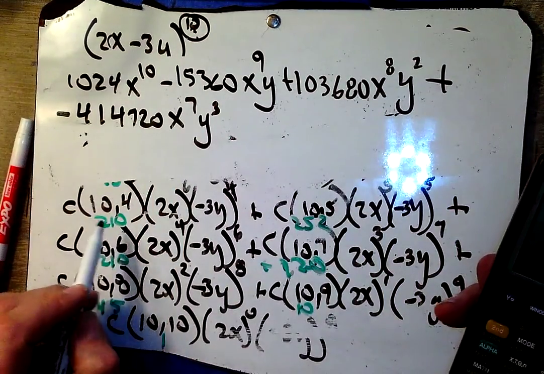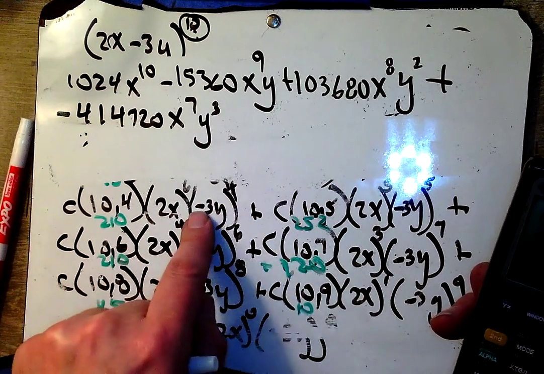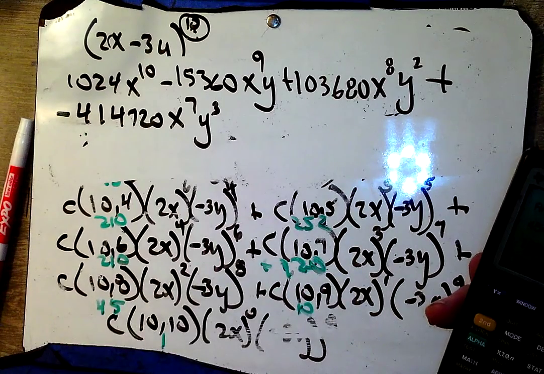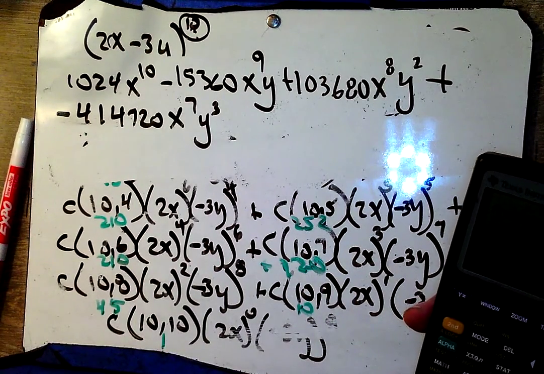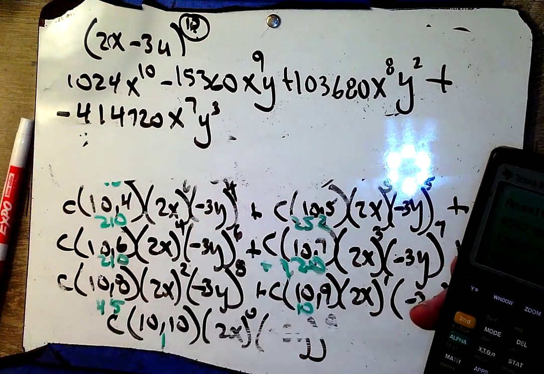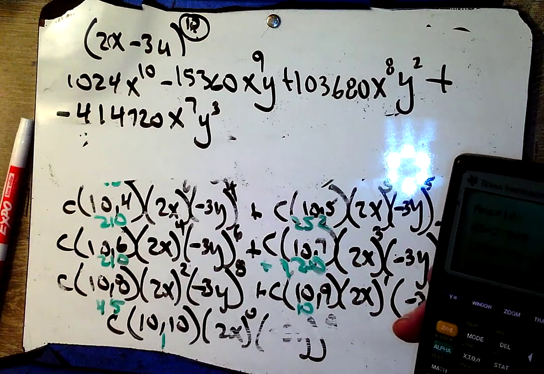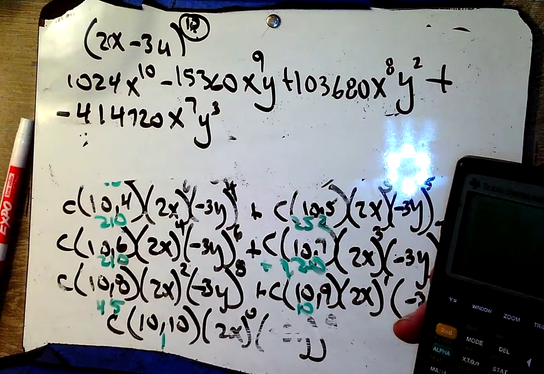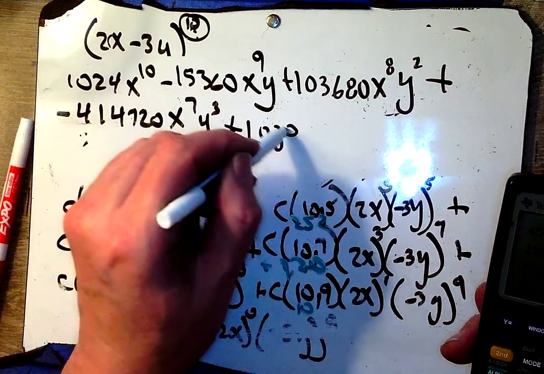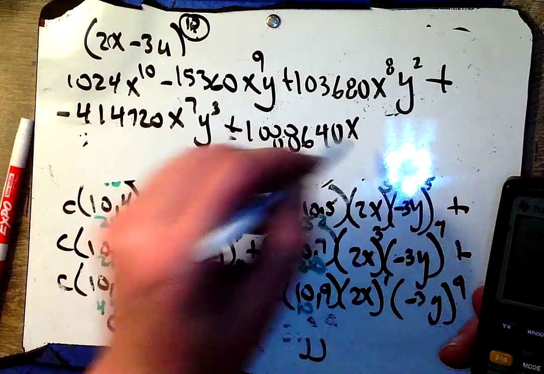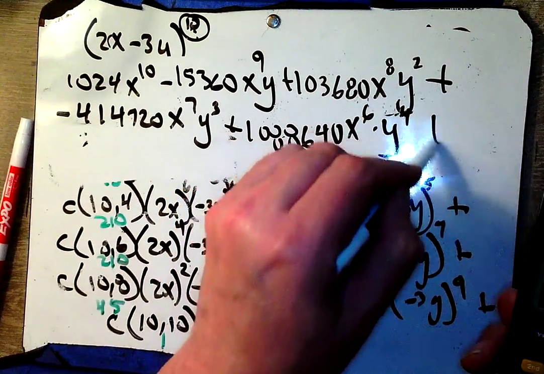Slowly but surely. So here we have 210 times 2 to the 6th times negative 3 to the 4th, which is minus, oh no, it's plus, because negative times negative is plus 81. And that gives me 1,088,640 x to the 6th, y to the 4th.